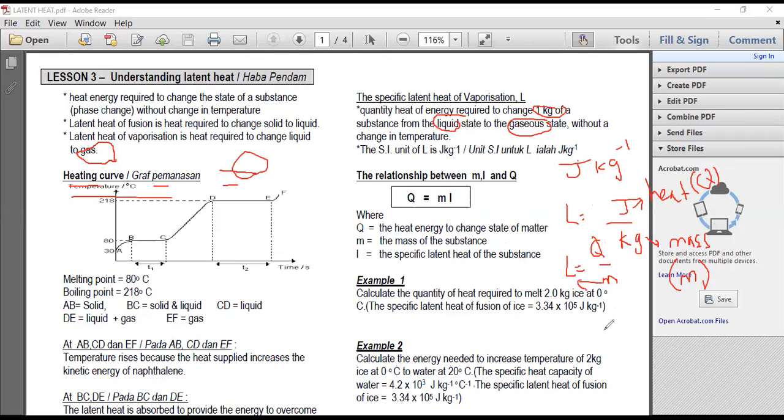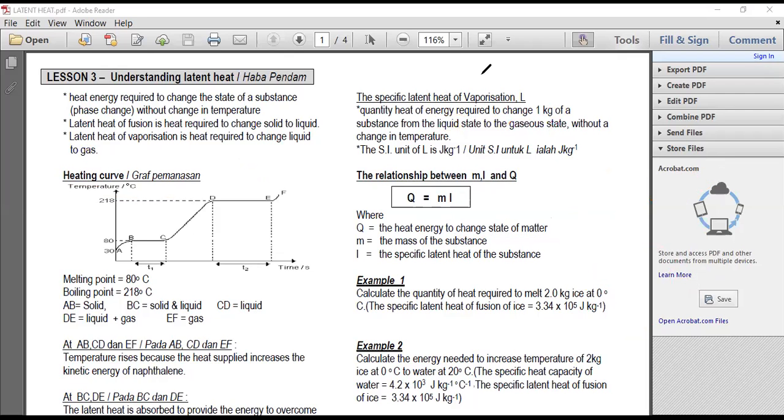When you cross multiply, you get Q equals mL. So basically, Q is the heat needed to change the state of matter at any mass. So Q equals mL. m will be your mass, L will be your specific latent heat, whether fusion or vaporization.